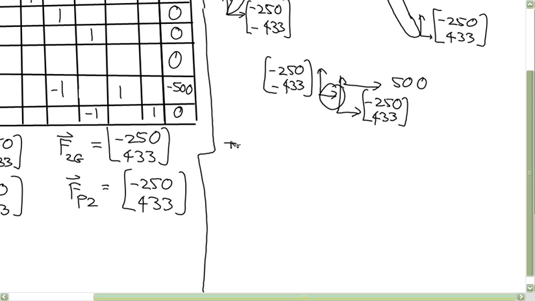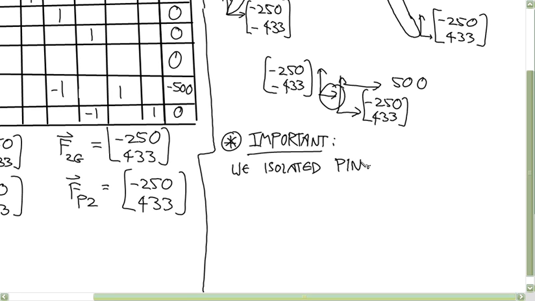Okay, so here's one important thing that's going to save us time in the future. Important. We treated that pin as if it was its own body. And the equivalent in 3 dimensions is like a ball.